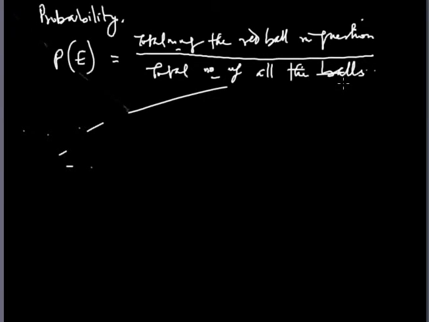We have been told in the question that we have 3 red balls and 4 black balls. That means the number of red balls, which is what we are interested in, is 3. The total number of all the balls is 3 plus 4 inside the bag, which is 7. So the probability of drawing out a red ball is equal to the total number of red balls over the total number of all the balls. This is the probability.